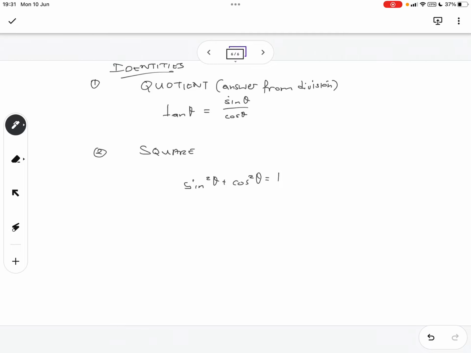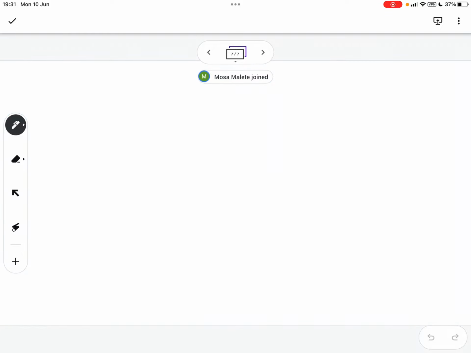And then we have now the square identity as well, which is sine squared theta plus cos squared theta equals 1. Ne? We did do some illustrations just to show how they work.